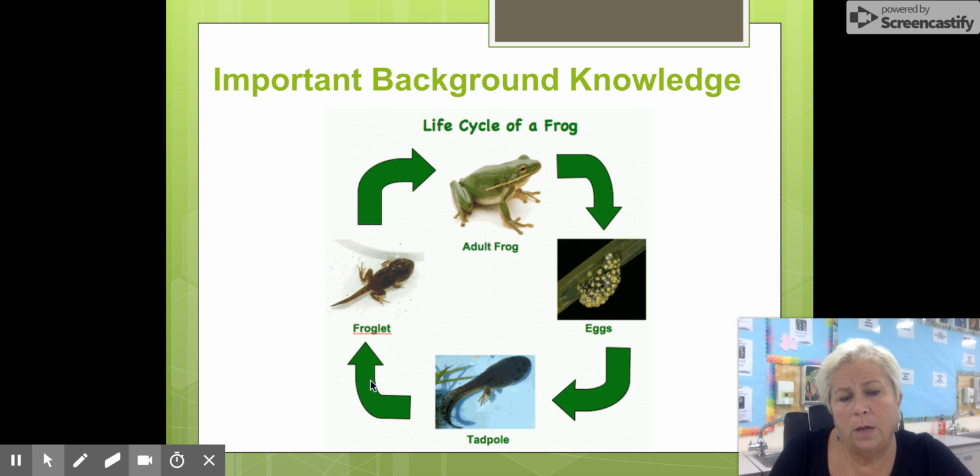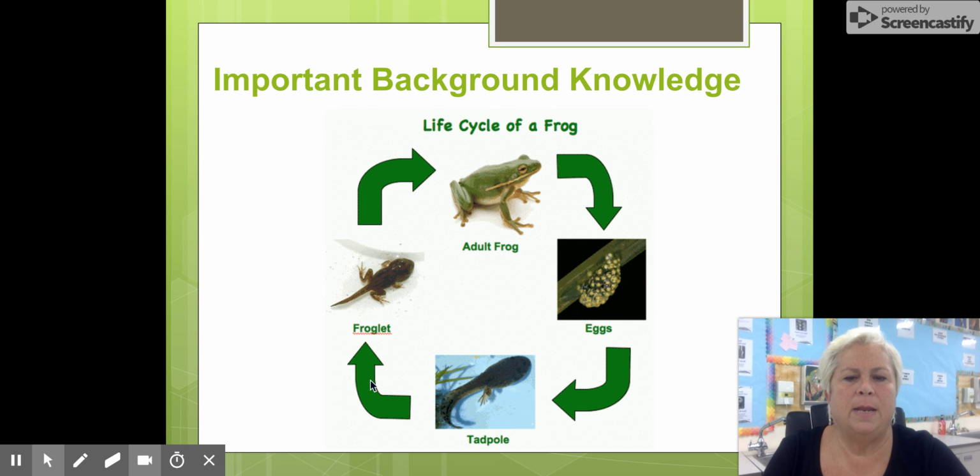They will then mature and grow into tadpoles, and then the tadpole will develop into a froglet that's still pretty much in water most of the time. So the egg and the tadpole stage, those happen in water, of course. The froglet can maybe get out of the water, but still spends most of its time in water. And then the adult frog will live out of the water, but it needs the water in order to lay its eggs and reproduce again. Okay, so that's some important background knowledge.